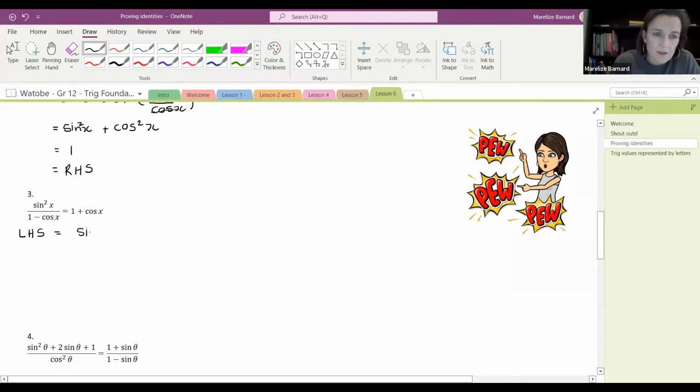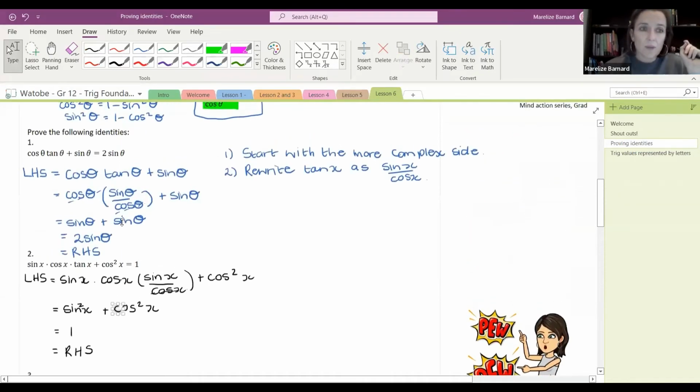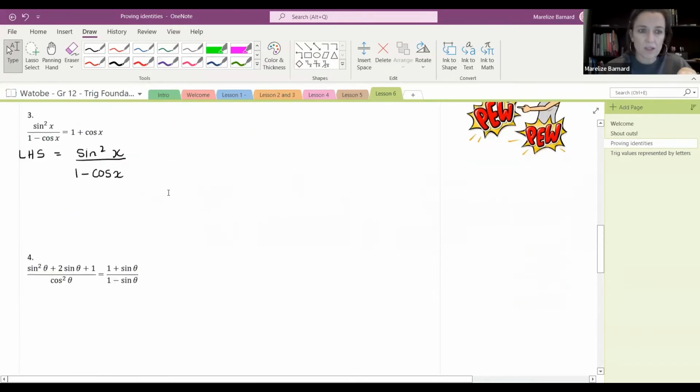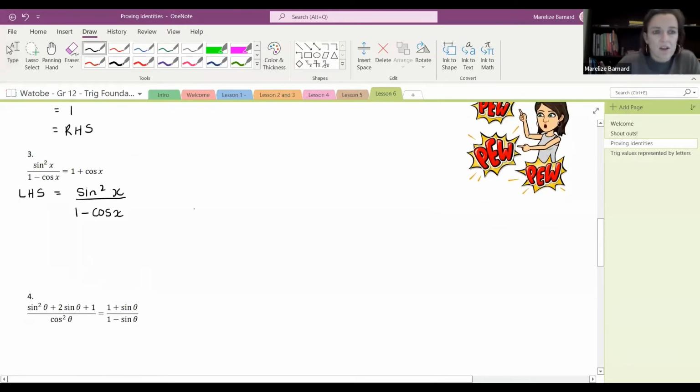So that's sin squared x over 1 minus cos x, sorry, not sin, cos. Okay, so we see a sine squared. Sine squared we can definitely replace with 1 minus cos squared. So let's go ahead and do that.